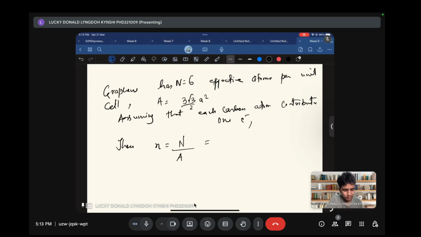N is equal to 6, area will be equal to 3 root 3 by 2 a square, which is in fact equal to 4 divided by root 3 a square.